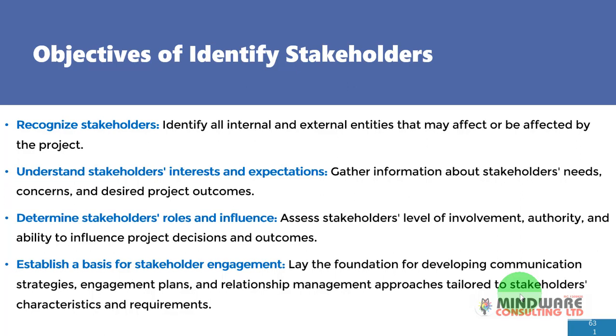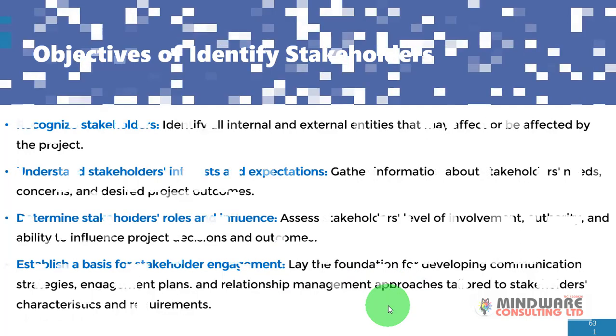These are the objectives of the identify stakeholders process: recognize the stakeholders, understand their interests, determine their roles and their influence, and then establish the basis for engaging them in your project.